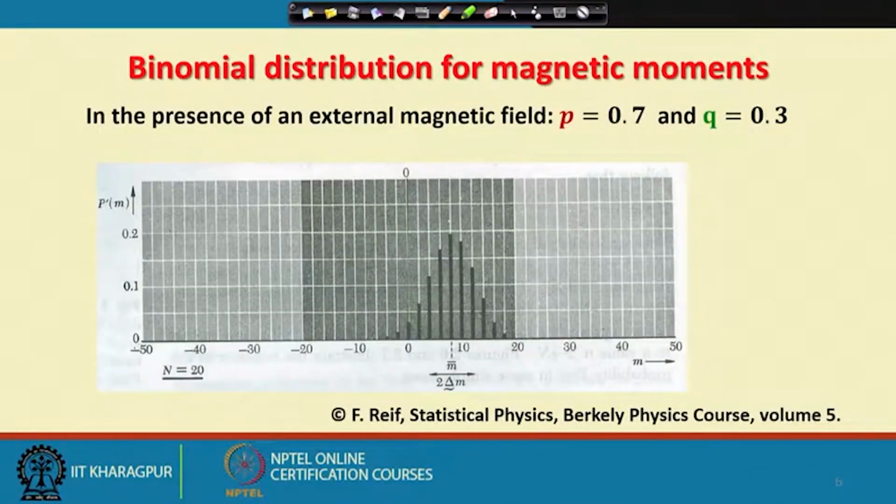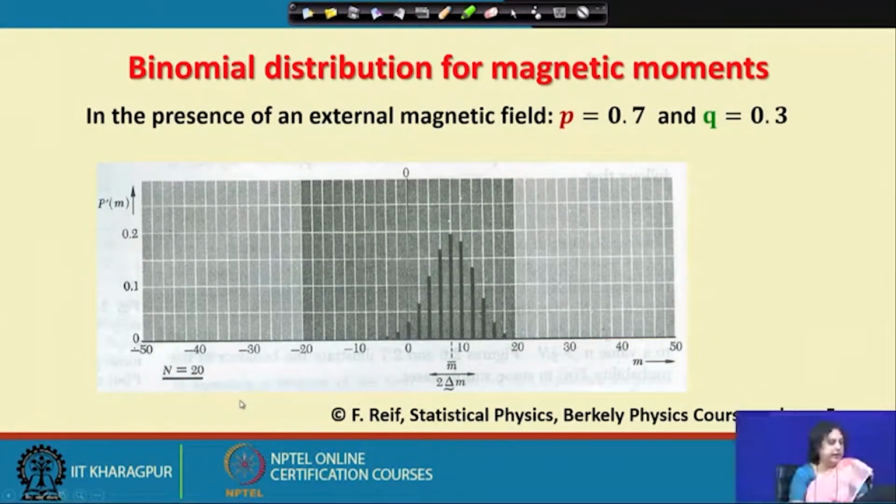As you see, for capital N equal to 20, what are the different values of small m possible? That is given by this shaded region.